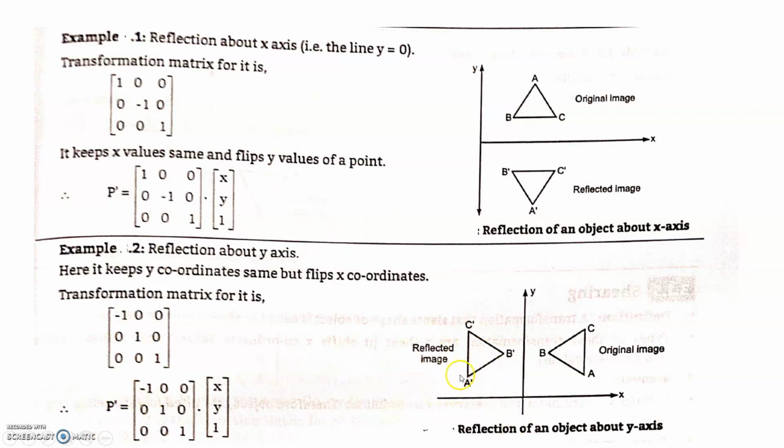You can see this diagram of reflection about the y-axis. This is your y-axis, this is the original image, and this is your reflected image. And in reflection about the x-axis, this is your original image and this is your reflected image.